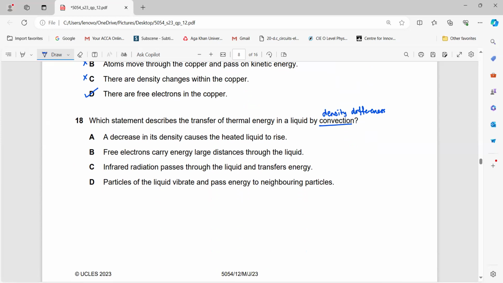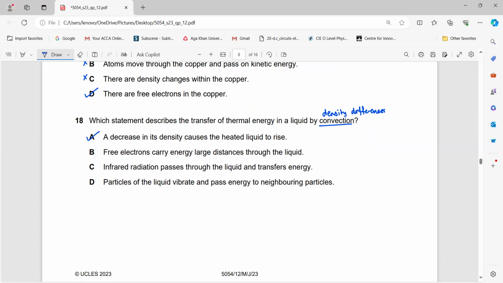Let's see which of these gives us the best definition for convection. A decrease in density, become less dense, yes, and cause the heated liquids to rise. So I guess 18 A is my answer.